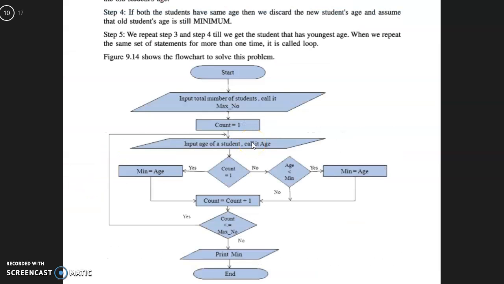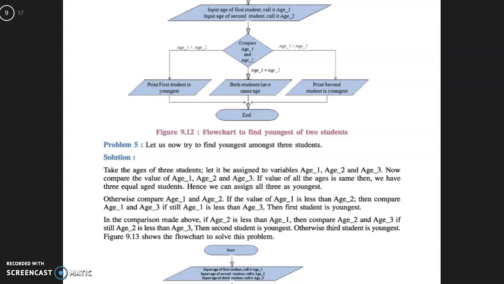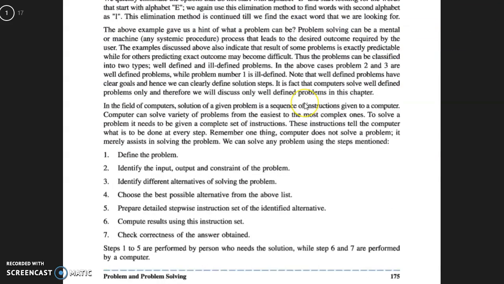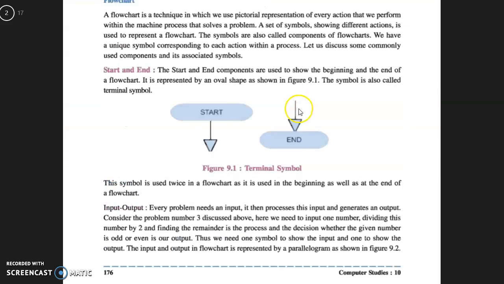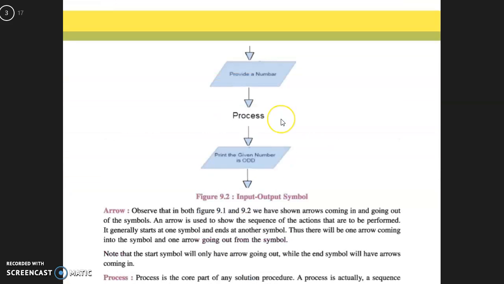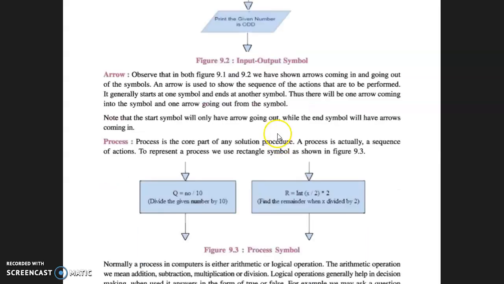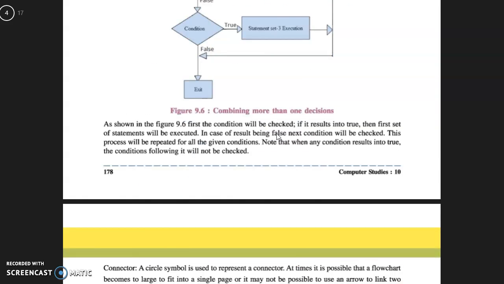I hope this concept is clear. This is the 9th chapter, problem and problem solving. This is not a problem like I lost my purse or I lost my mobile. This is a very small type of coding, where we are going to learn how to make a flowchart.